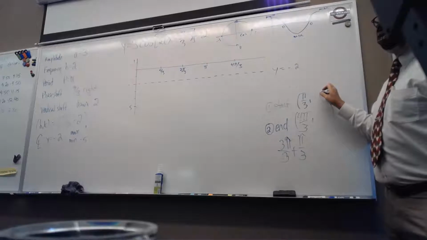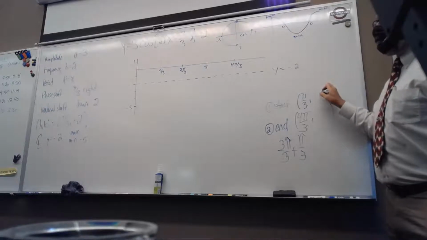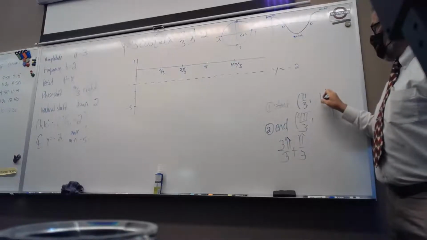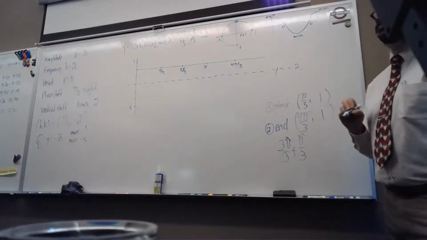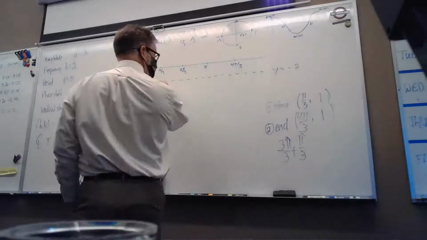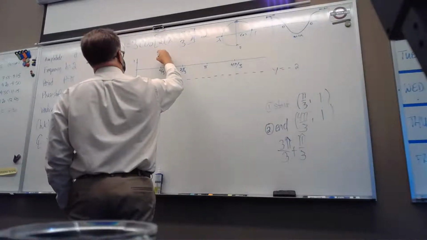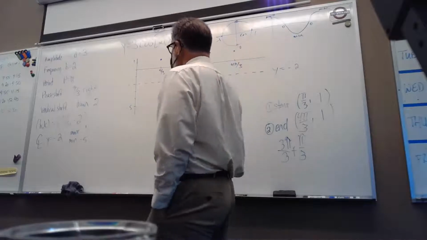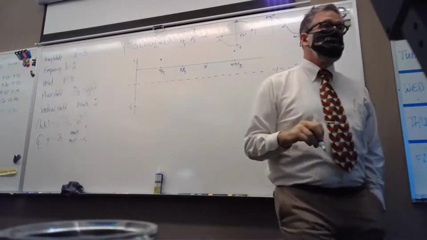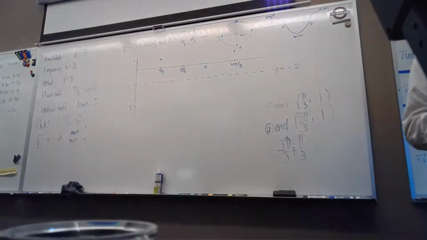I think it's going to start at 1, and it's going to end at 1. Pi over 3, 1. 4 pi over 3, 1. We good with that? Make sense to everybody?